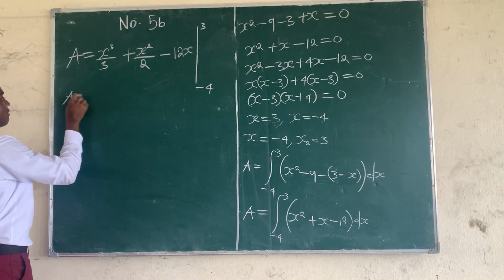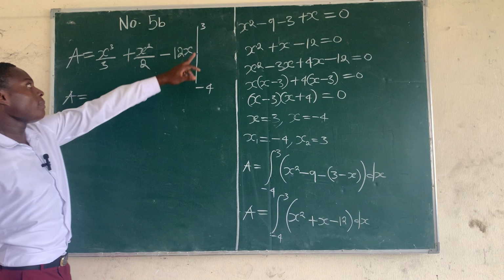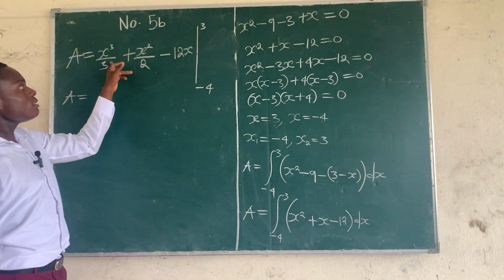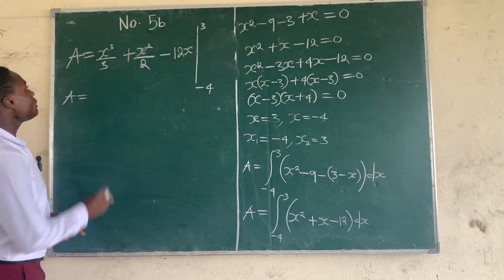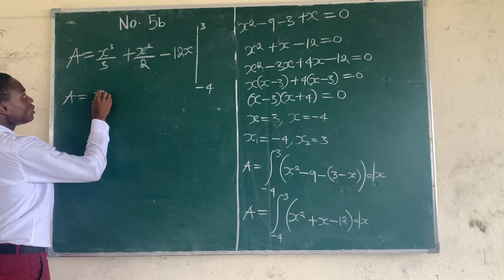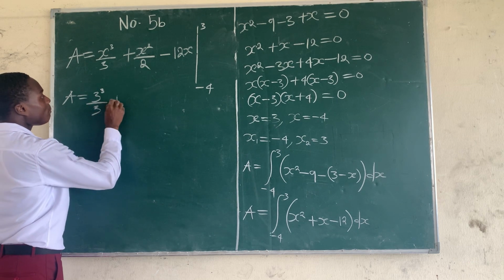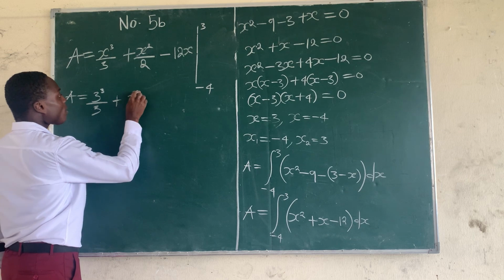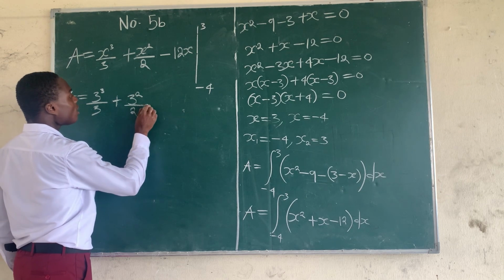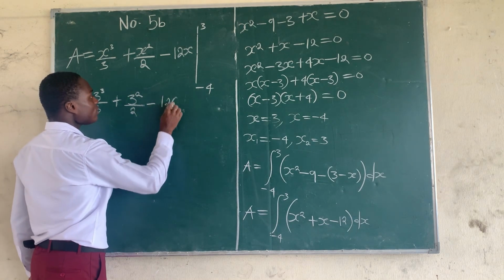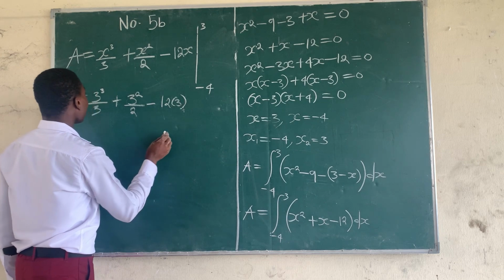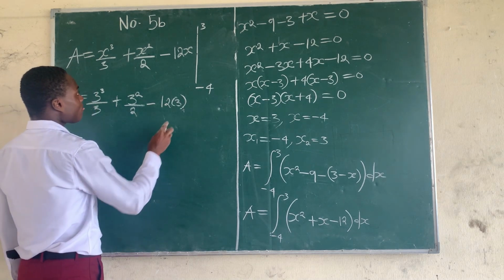So we have the area being equal to, remember, you substitute the upper limit and then you subtract the lower limit. So we have 3 to the power of 3 over 3 plus 3 to the power of 2 over 2 minus 12 into 3. So this is our upper limit.